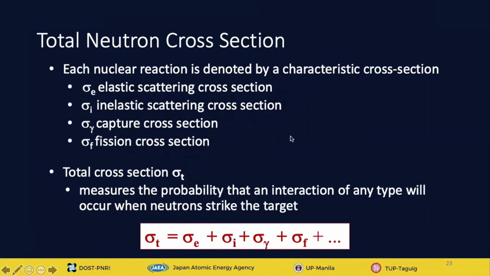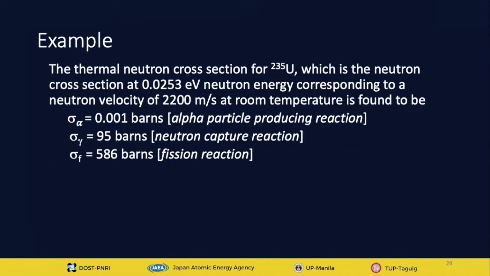Hence, we can get the total cross-section by simply adding all of these possible cross-sections of the neutron and the nuclei. The total cross-section measures the probability that an interaction of any type will occur when the neutron strikes the target. Let's take a look at an example.